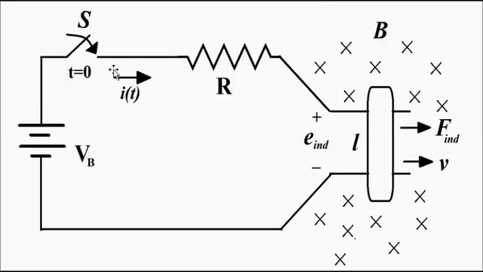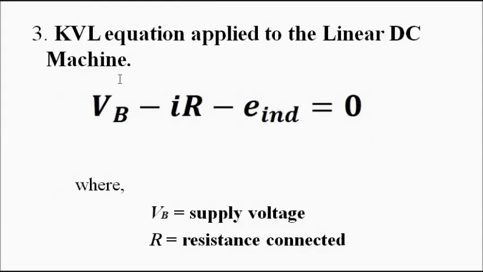Let at time t equals to 0, this switch is closed. Now because of that, a current I will flow through the circuit, a closed path is formed. Let that current be equal to I. Now we know that this is the KVL equation applied to the circuit.